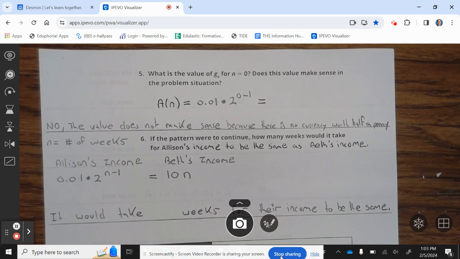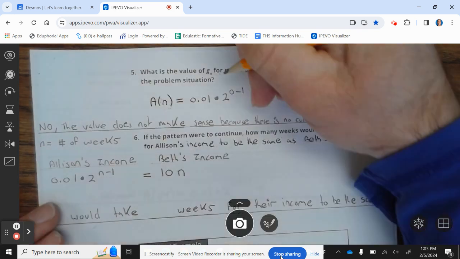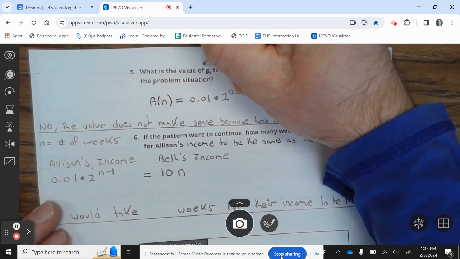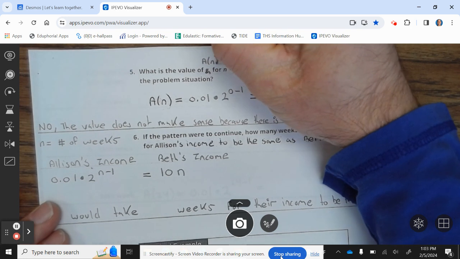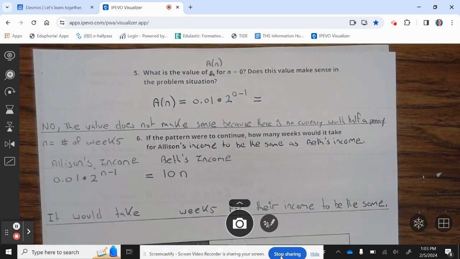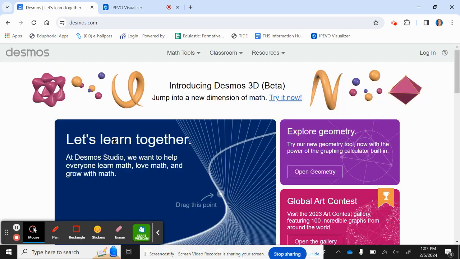5. What is the value of A sub n for n equals 0? Does this value make sense in this problem situation? A sub n equals 0.01 times 2 to the 0 minus 1. Let's go ahead and use our calculator to do that.